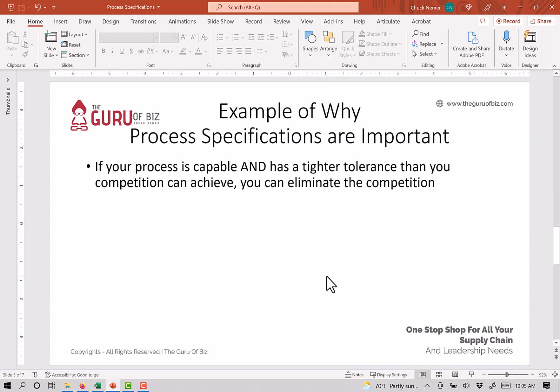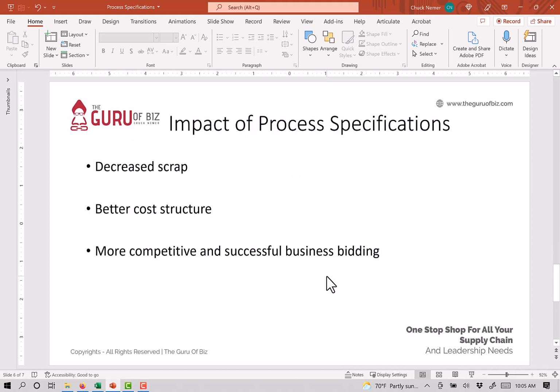So, if we look at an example of the importance of process specification, it's the seller telling the customer it can or cannot meet what the customer is requesting and be able to guarantee it successfully.